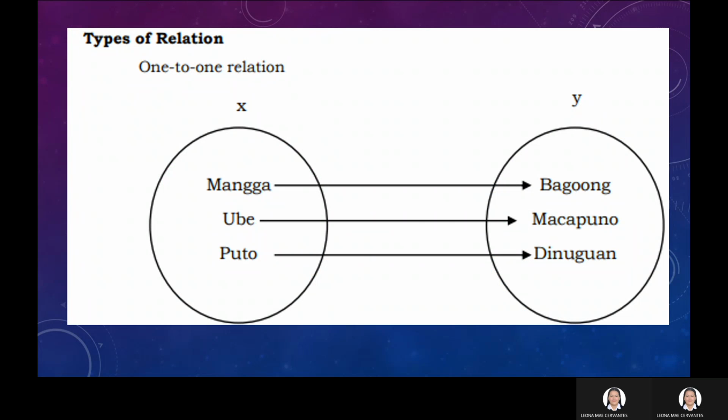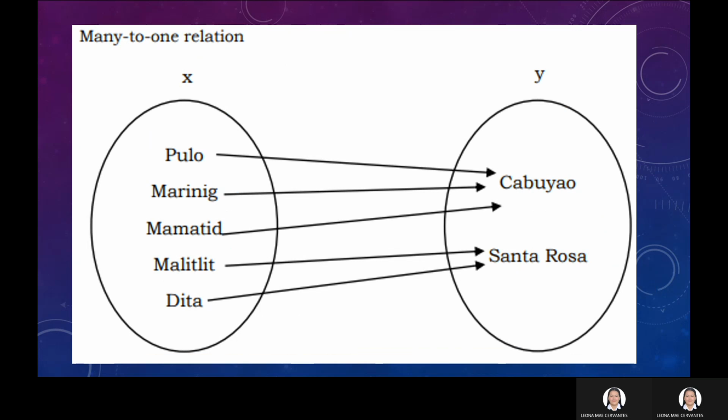So now we have different types of relation. We have one-to-one. For example, we have mangga and bagoong, ube and makapuno, puto and dinuguan. Next, we also have many-to-one relation.